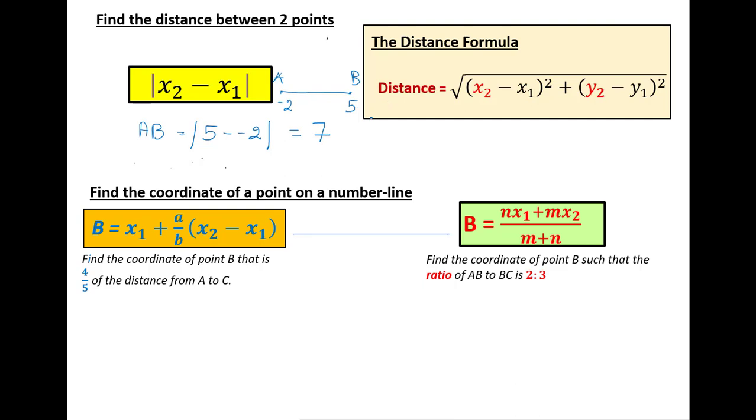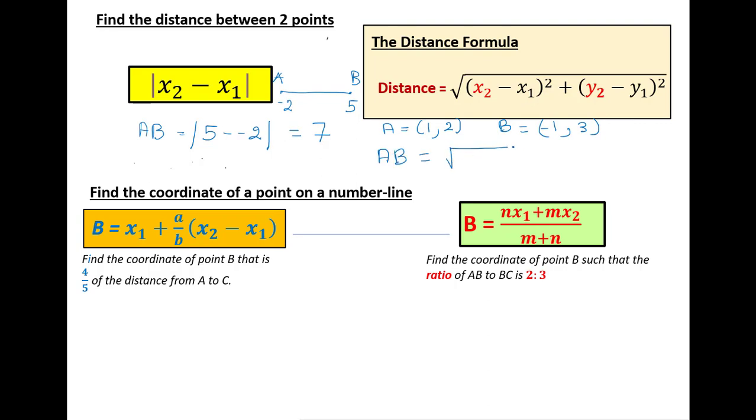Now, if I have 2 coordinates, I must use the distance formula to find the distance between them. If I have point A equals 1 and 2, point B equals negative 1 and 3, I simply substitute in the distance formula to find the distance of AB.